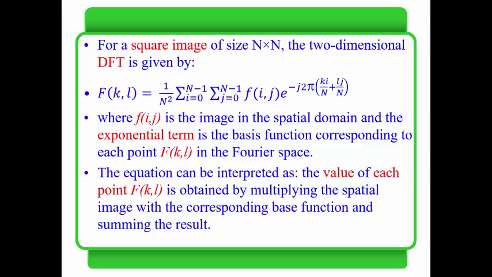This equation can be interpreted as: the value of each point f of k l in the frequency domain is obtained by multiplying all of the spatial image with the corresponding basis function, then summing all of these multiplication results together. Also, there is another thing that we should note here, which is that the resulting values that come out from this Fourier transform are complex values. They have real and imaginary parts.